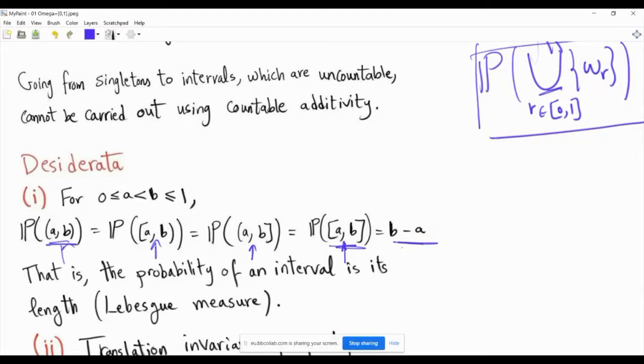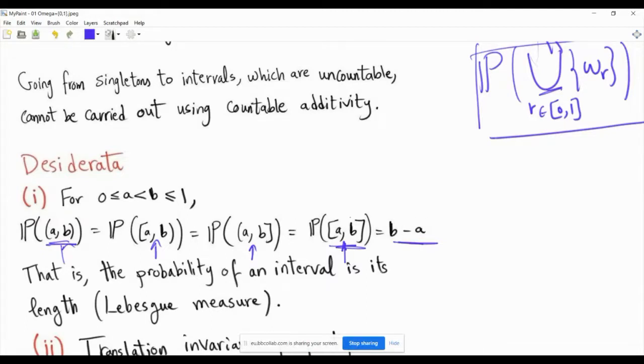So you want something like this. What is the probability that I will hit a number that is between 0.4 and 0.6? You want this probability to be the length of the interval, which is 0.2.